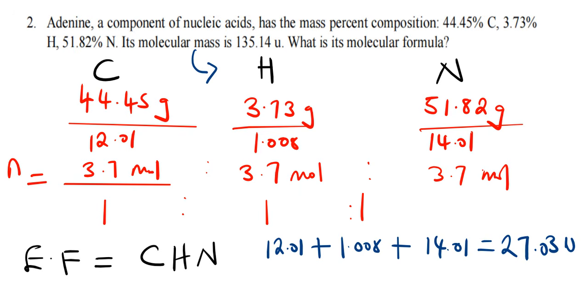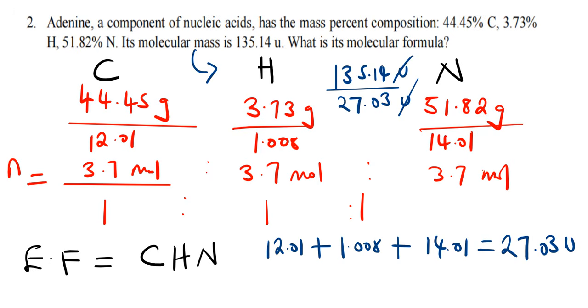So what are we going to do? We're going to divide the two so that we find how many times the smaller one enters into the actual one. So I'm going to have 135.14 divided by 27.03. Units and units are going to cancel.